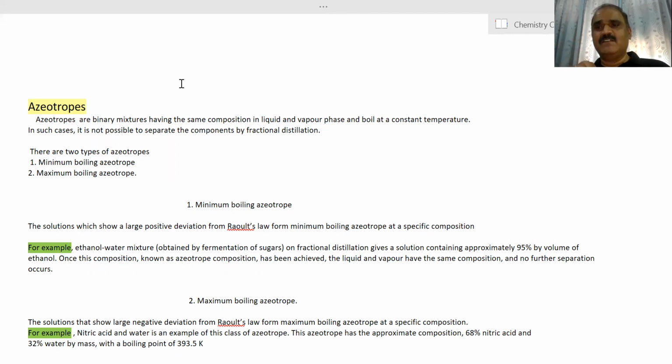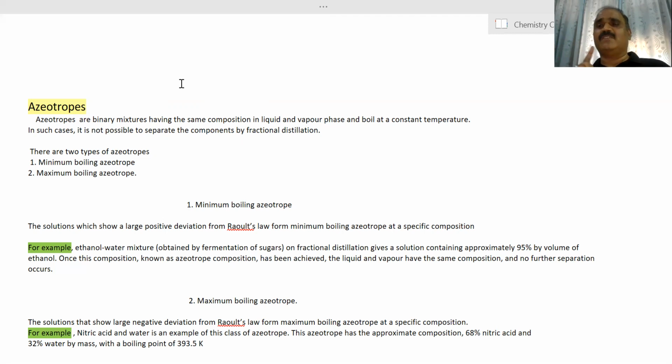X1 is 1. I further boil it. I reduce it to 250, 100, 1 ml. If it is 1 ml, even then its mole fraction is 1 because it is still pure water. You got it? Means a pure solvent boils without change in its composition.